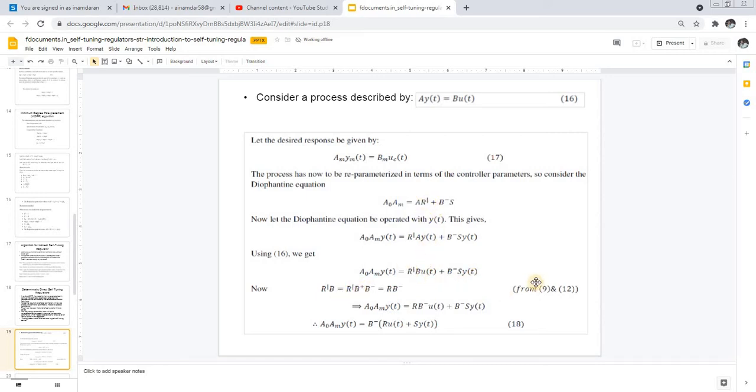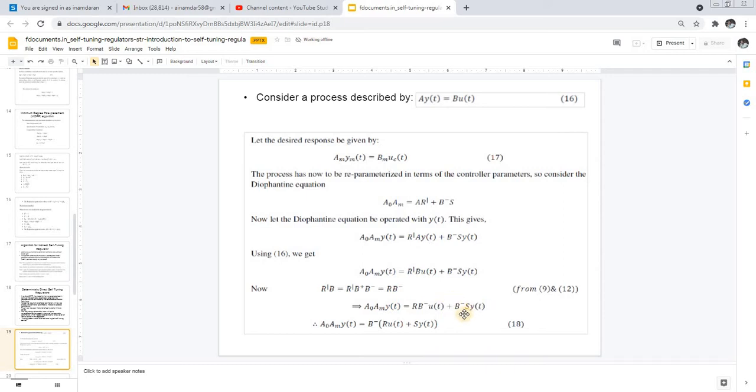Now we already know from equations 9 and 12, which you can refer to in the previous slides, that R' B equals R' B' B minus, which is R B minus. So instead of R' B we have to write R B minus. By introducing this term, the equation becomes A0 Am y(t) equals R B' u(t) plus B' S y(t) as it is.